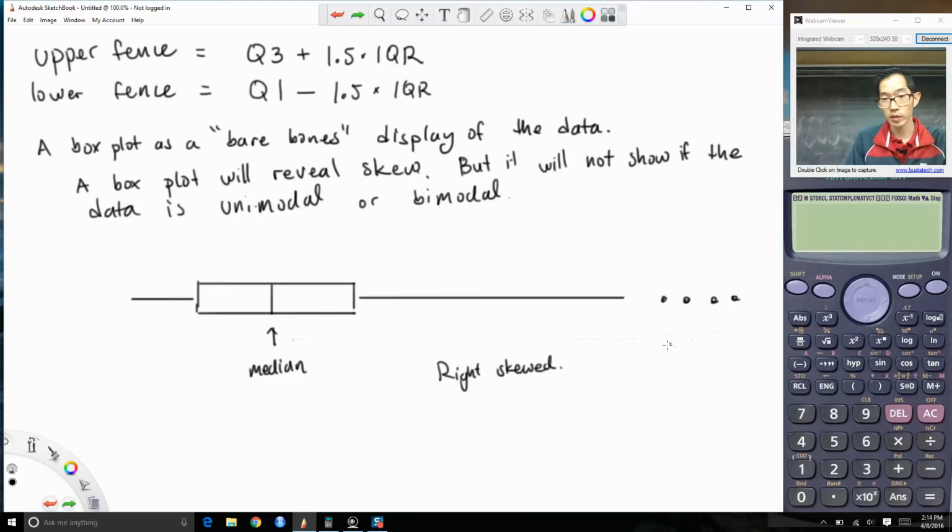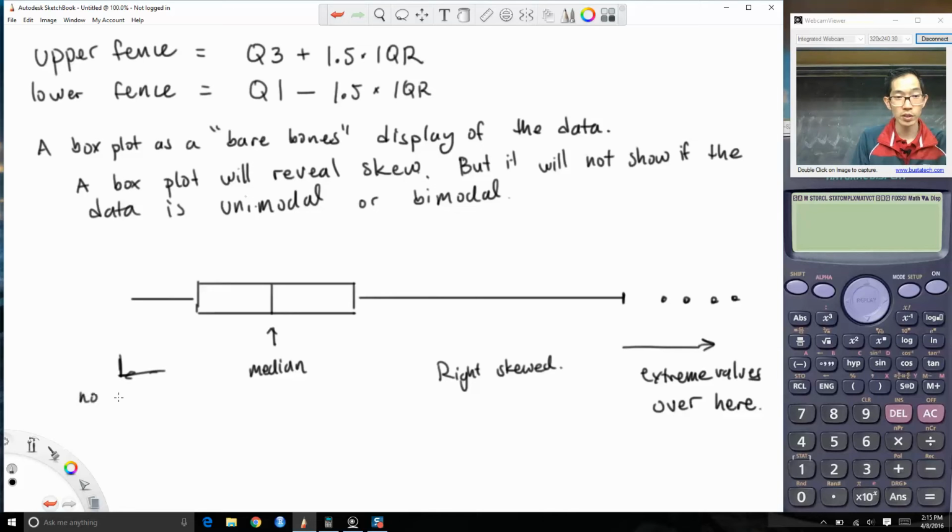Even without the outliers, it would be right skewed because our extreme values are way up high. But if you look at the left side, no extreme values on the left side.